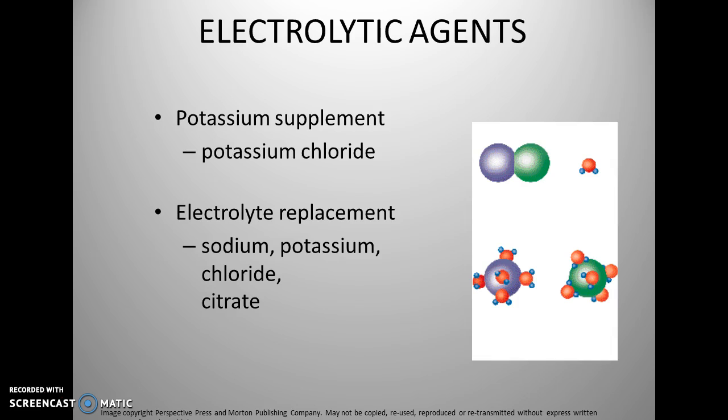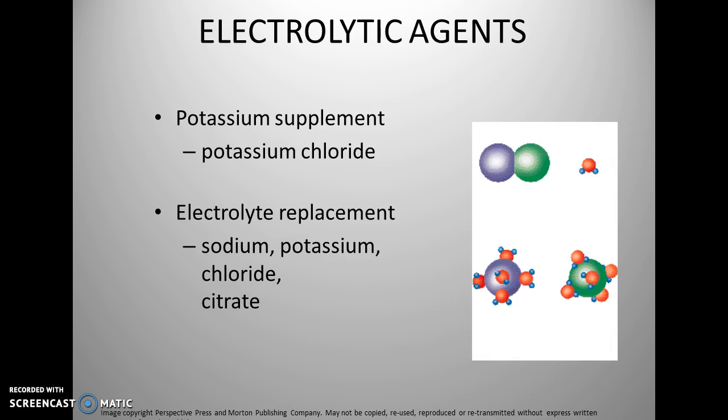So some of the definitions that you should be familiar with when you talk about electrolytic agents are the following. Electrolytes are water-soluble substances that are contained in our body fluids as salts. They form electrically charged particles called ions, which attract water. They have both positive cations or negative ion charges, and are responsible for fluid moving into and out of our cells.